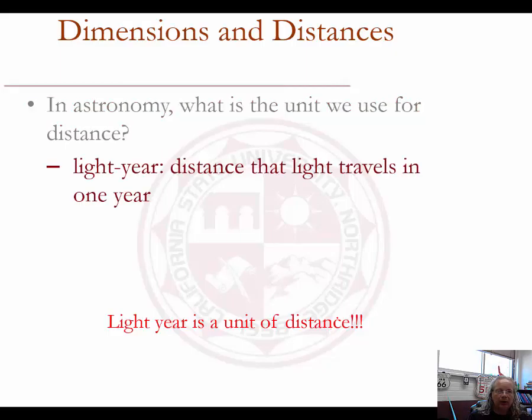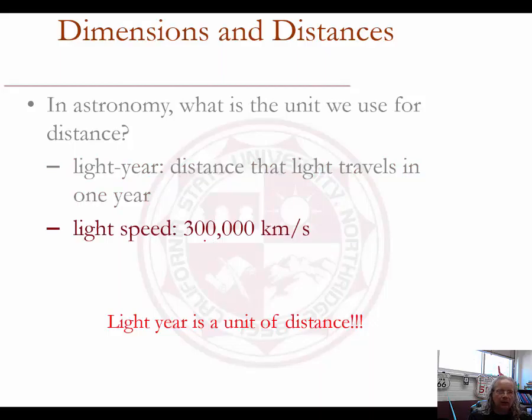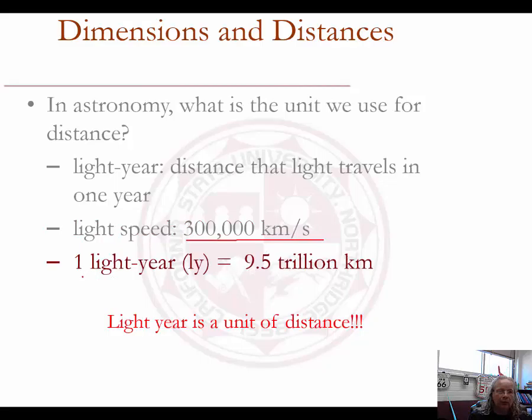So we use something called a light year, which is the distance that light travels, say a particle of light or a train traveling at the speed of light would travel in a single year. 300,000 kilometers per second. The train would go 9.5 trillion kilometers at the speed of light if it was going for 1 year. So it is a unit of distance, like a mile or a kilometer, but it is used for these massive distances.